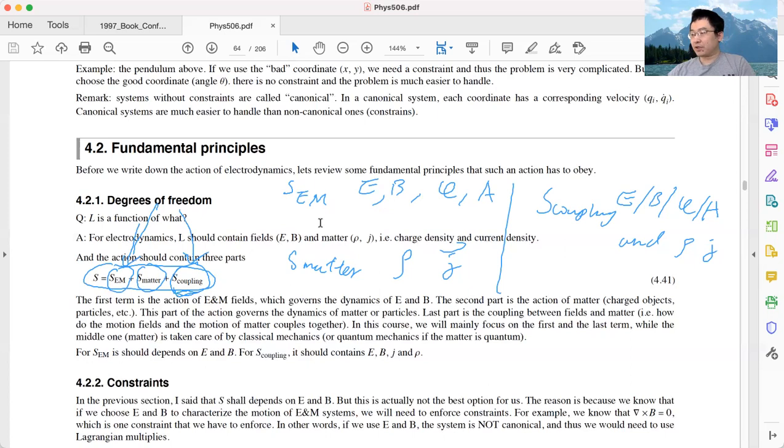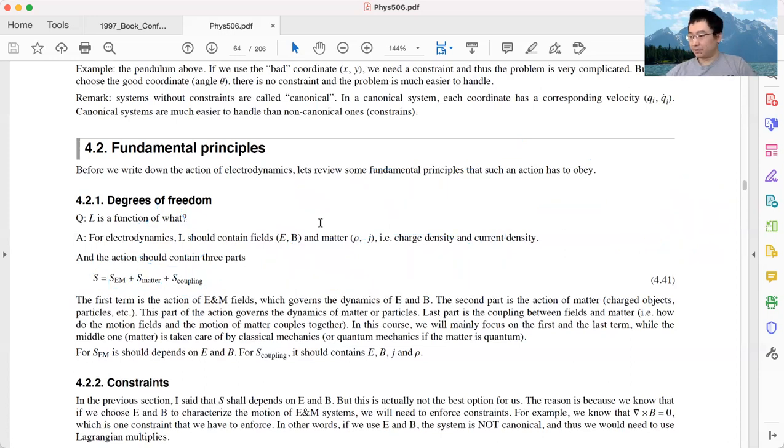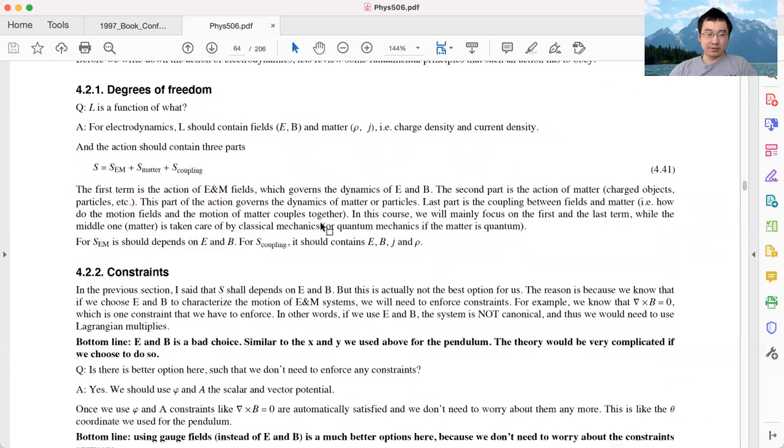This is because the E and M part contains E, B, phi, A, and the coupling part contains E, B, phi, A, whereas the matter part doesn't contain E, B, phi, A. So we are mostly focused on this term and this term, which contain my fields. So that is the basic structure. Let me clear it.